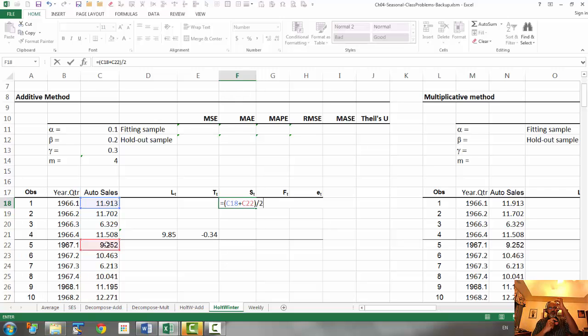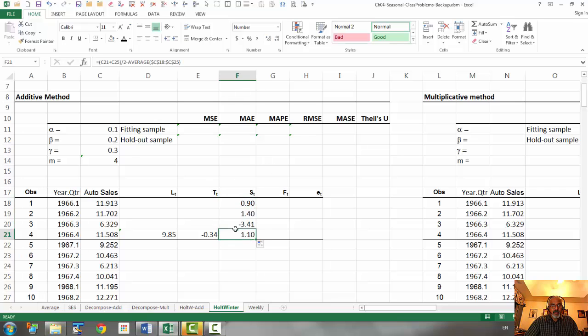That's the average of the two quarter ones. Then you subtract from that the average value over the 2 entire cycles. You need to make sure that the first 2 full cycles are absolute referenced. And then we copy that.